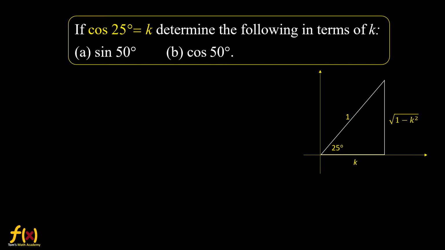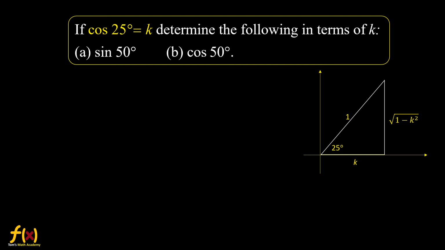We draw our Cartesian plane and the triangle in the first quadrant. We choose 25 degrees as theta. Cos 25 is K, meaning the adjacent side is K over hypotenuse 1. Using Pythagoras, we get the third side.